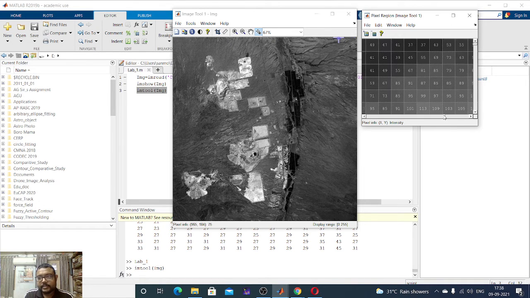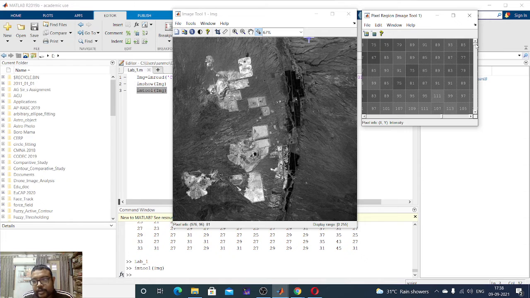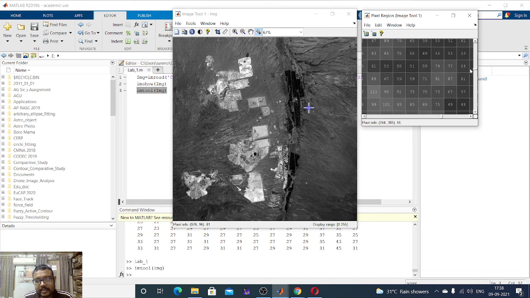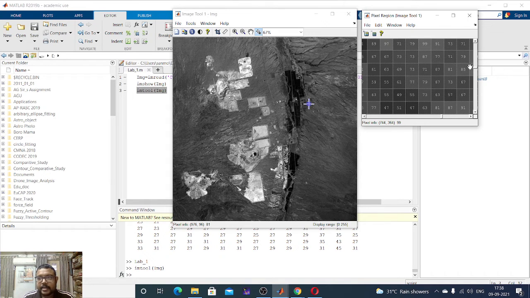If you look carefully, you can see that the upper portion is moving. You will see a blue cursor on the image. Can you see? Yes. And actually this portion, the pixel region, is nothing but the elongated portion of this image we are seeing on the left hand side. This is the elongated portion.